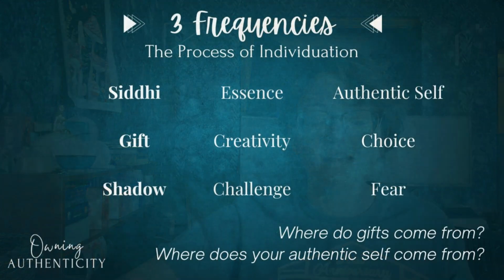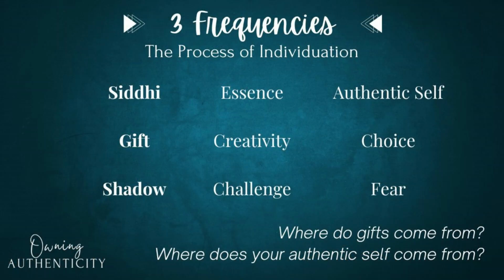The three words over to the side, those are the process. Oh, so yummy and delicious. Those are the process of individuation that your soul specifically selected to work with. That's how I understand those three frequencies.